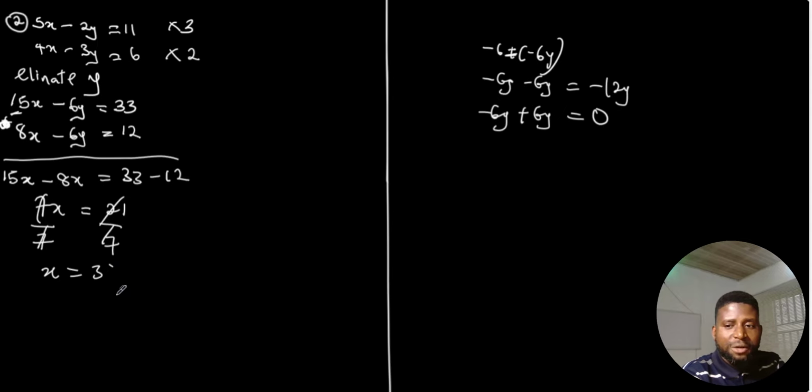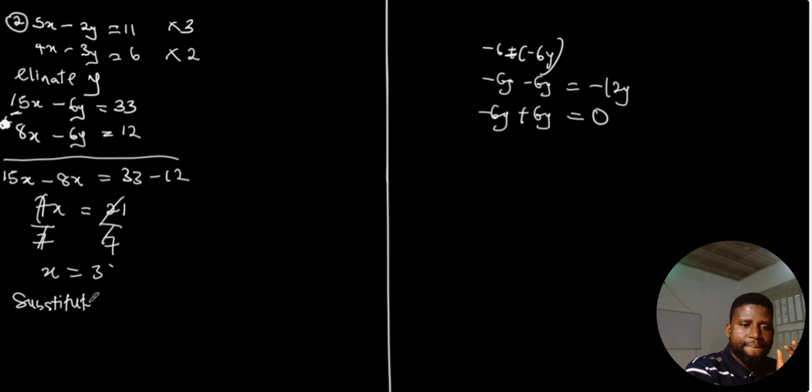Now that we've gotten the value for x, we can now find the value for y by substituting x in any of the equations. So I say substitute x into, say, equation 2. And equation 2 says 4x minus 3y equals 6.